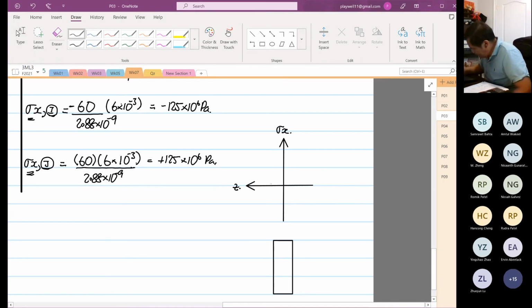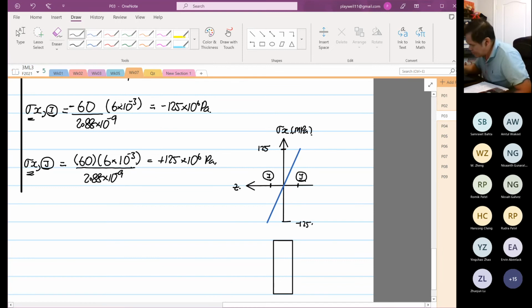This is our point I, and over here this is our point J. J is positive, I is negative, so the orientation will look this way. Over here, this is our 125 megapascal, and down here is our minus 125.